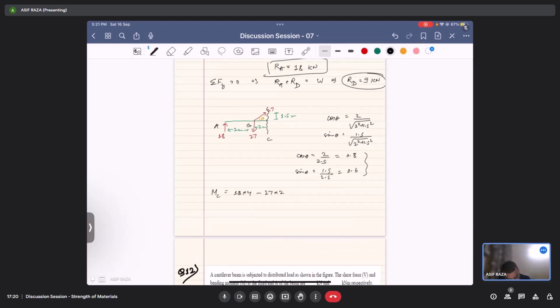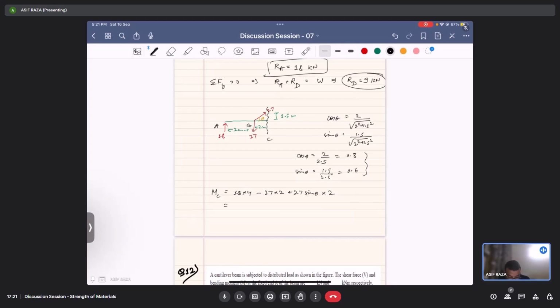So I'll just write 27 sine theta into 2. We need to calculate this thing only, so let's calculate it.